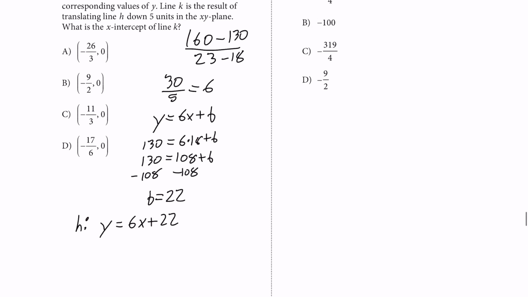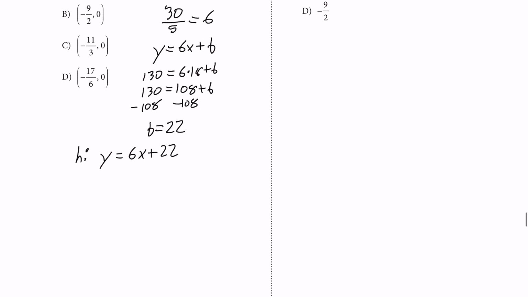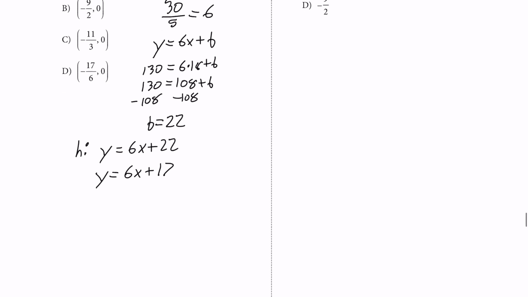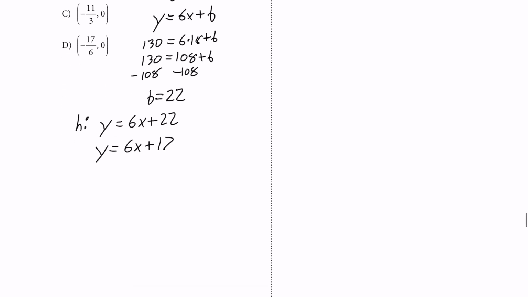For line k, we're going to translate line h down 5 units. So we have the same slope, but we translate down 5 units, which means reducing our y-intercept by 5 in the equation. So we're going to have y equals 6x plus 17. Now we're asking for the x-intercept. So that's to say, when y is equal to 0, what is x? So we do 0 equals 6x plus 17.